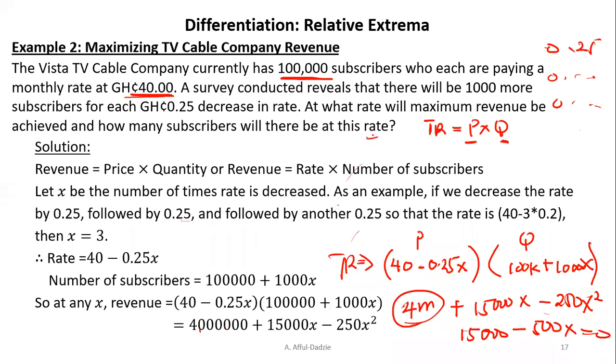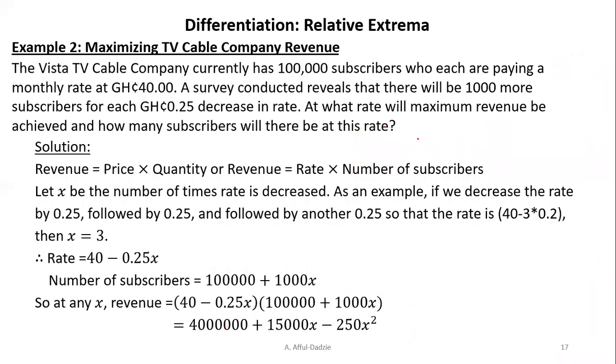Do 40 divided by 0.25 and see what you get. So when we don't have any reduction at all, the price will be 40. And when we reduce it 160 times, then the price will be 0.